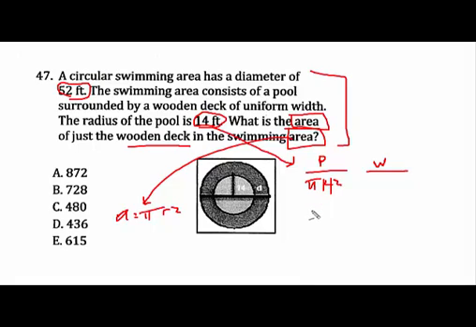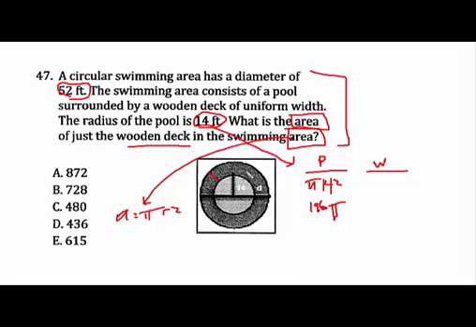Let's get rid of the pi. Let's get rid of the square. So it is 26 times 26 will give you 676 pi. That's for the whole area. That's what that number represents. We have the number for the pool, which is 196 pi, and the whole.